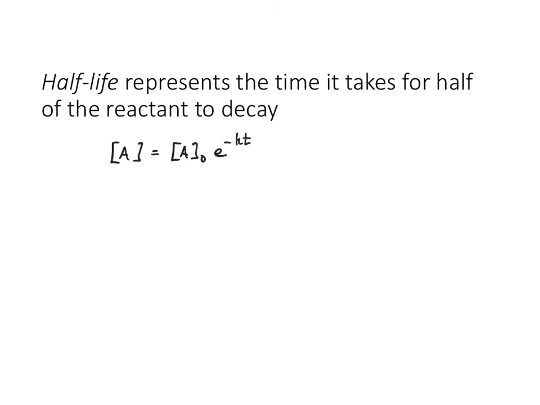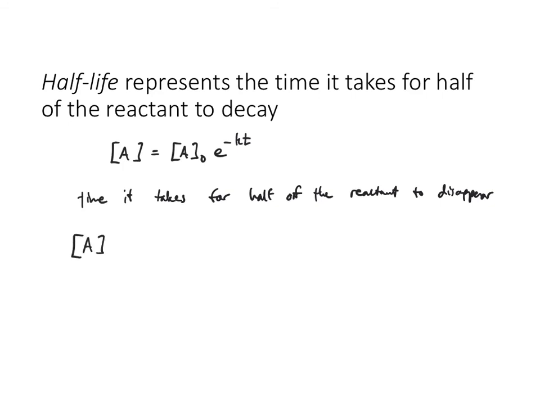Okay? Now the half-life is the time it takes for half of the reactant to disappear. And the way that we solve for that is we will set the desired concentration to 1/2 of the starting concentration.